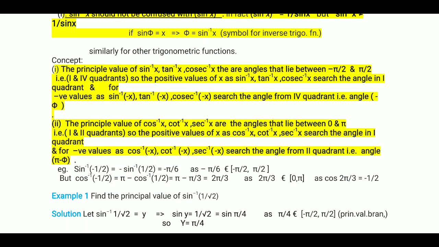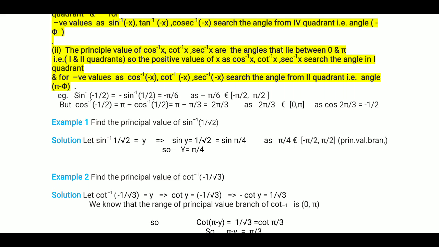So for positive values of x as cos inverse x, cot inverse x, sec inverse x, we search the angle in the first quadrant. And for negative values as cos inverse minus x, cot inverse minus x, sec inverse minus x, we search the angle from the second quadrant, and that angle is like pi minus theta.